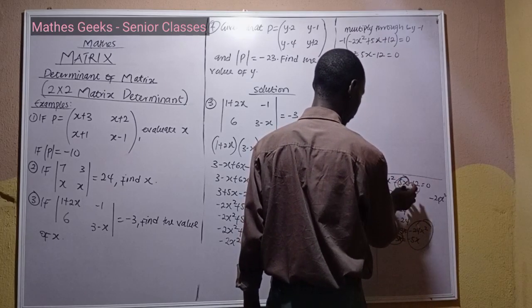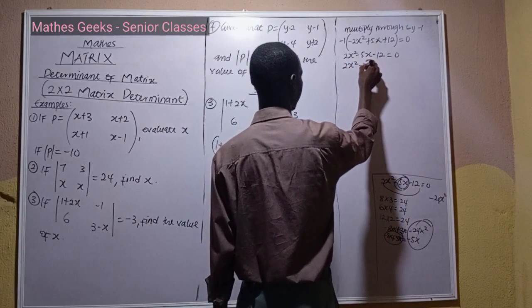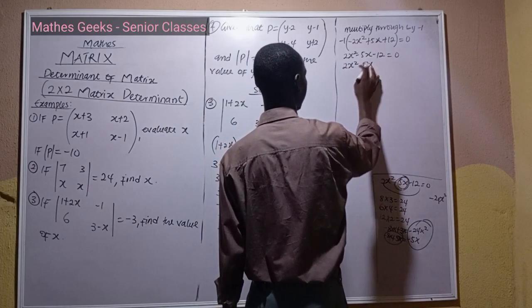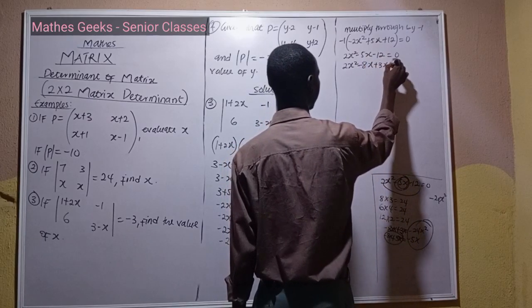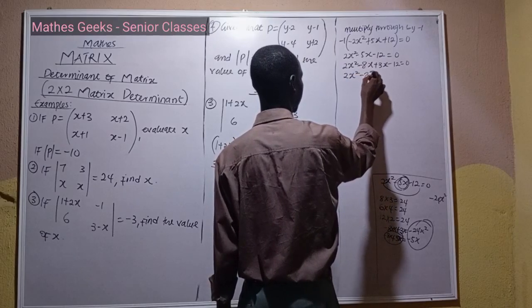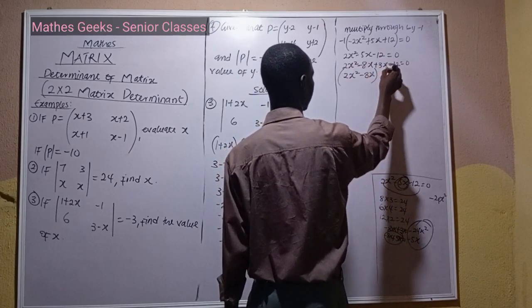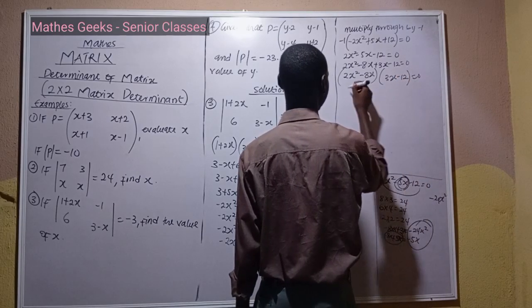So 2x squared minus 8x plus 3x minus 12 equals 0. 2x squared minus 8x and 3x minus 12 equals 0.